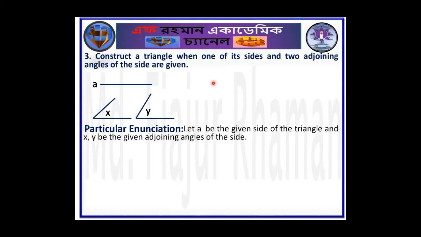Let A be the given side of the triangle and X, Y be the adjoining angles of the side. We have to construct the triangle. And then steps of construction.